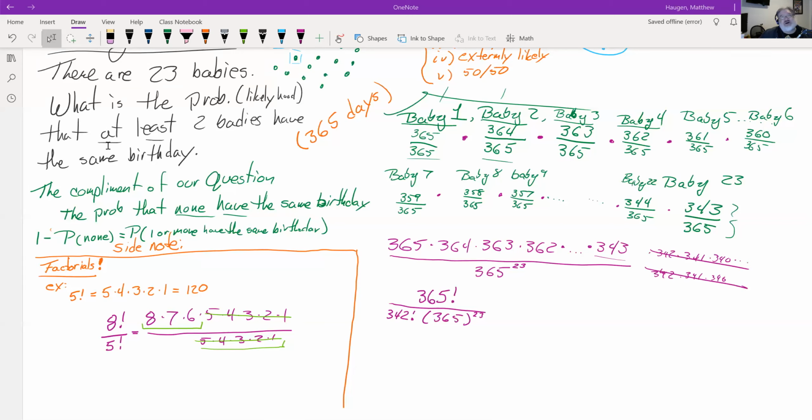Now, Excel does 125,000 decimal places, so it should be able to handle that. No. Did it not work? Oh, it doesn't like my formula. Does it not use the exclamation point?